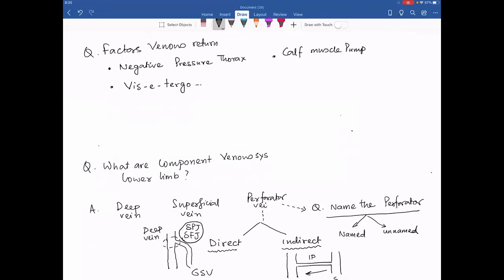What is vis a tergo? Veins are accompanied by, parallelly in anatomy, the artery right by the side of the vein. The arterial pulsations are known to help in the venous return. This effect is called vis a tergo, due to arterial pulsation.